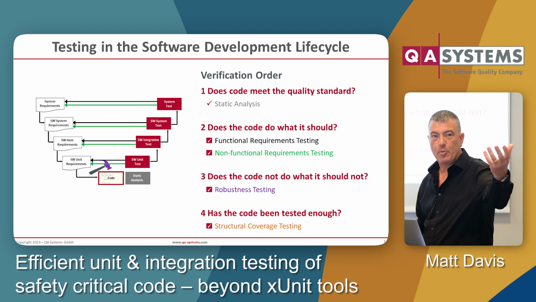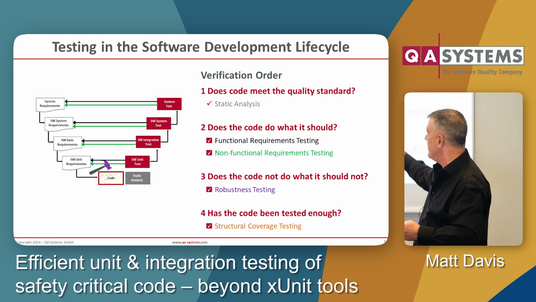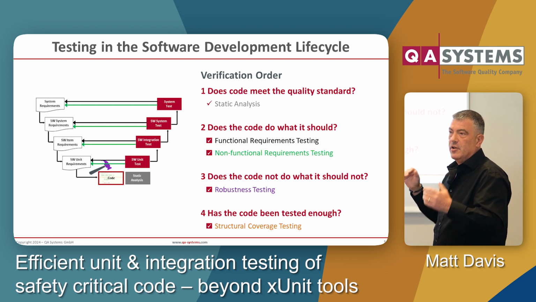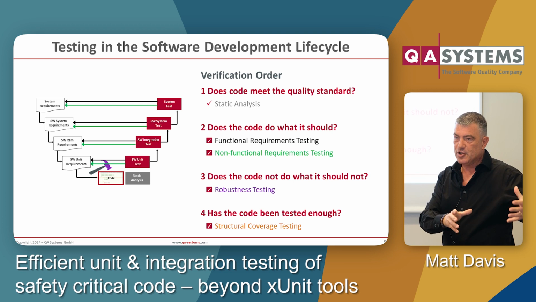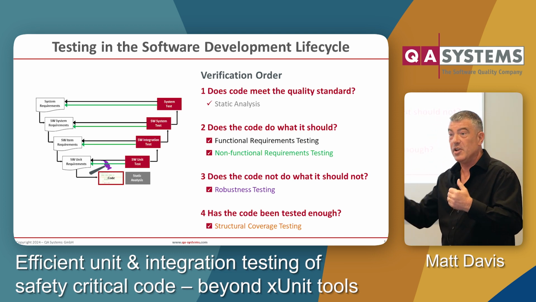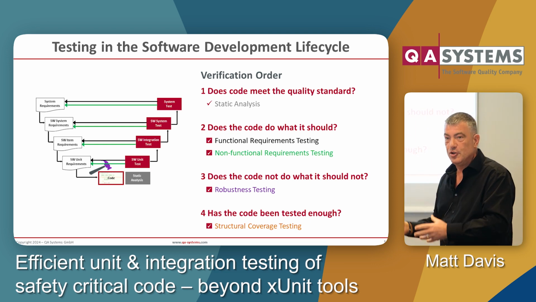Why is it there? Has it been copied and pasted from some other branch? Is it doing something it should not do and I haven't verified that it shouldn't do it? So structural code coverage for all of the safety standards is a backstop that says, have I tested enough? In other words, is all the code tested with either a functional or a robustness test, and should it be there?